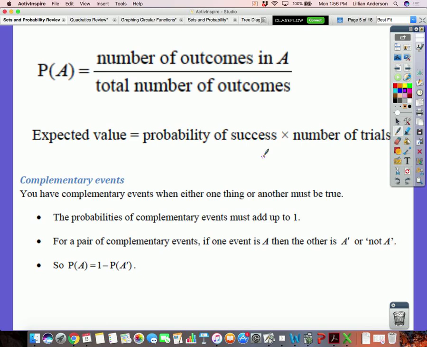So, prime example, if you play soccer and you're doing penalty kicks, and your probability of making the penalty kick is 1/4, and you kick 100 penalty kicks, how many goals are you expected to make? 25, because you take the probability of you making the goal, which is 1/4, and you multiply it by the number of tries that you have, which is 100. So you are expected, based off of your probability, to make 25 of those 100 penalty kicks.